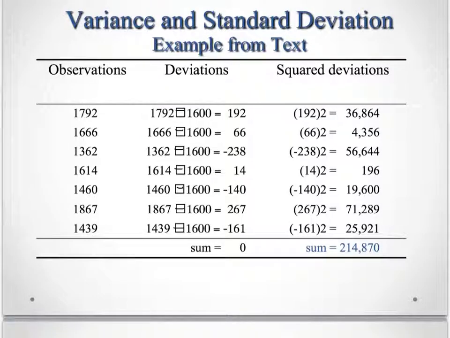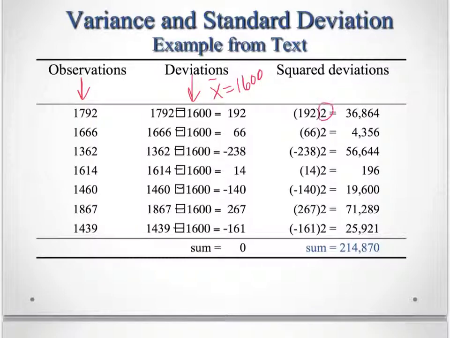Okay. So what we've done is here's each of the 7 values in this column right here. Here we've taken each one and subtracted the mean. The mean is 1,600 for this small set of data. You can verify that yourself if you would like. And then we've squared each of those.